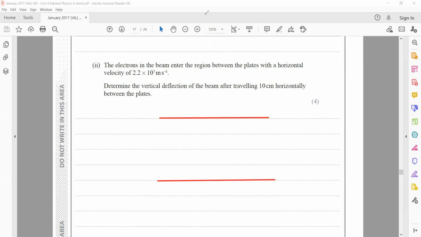This is how the beam of electrons is moving. As it entered, it had only horizontal velocity, but it is changing. So if it covered 10 centimeters of horizontal distance, we have to calculate the deflection.